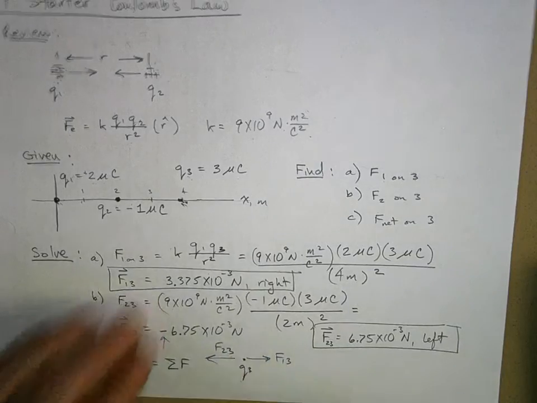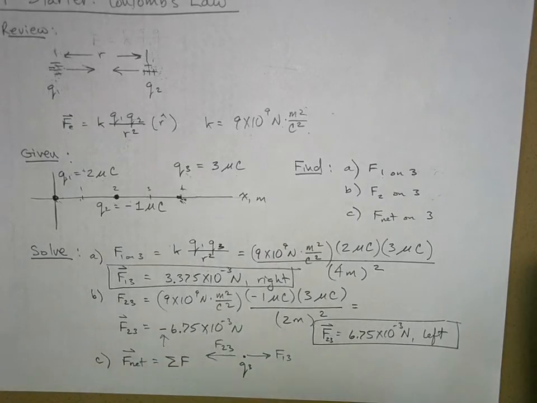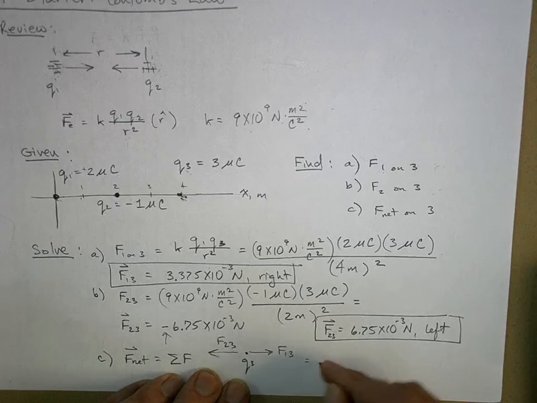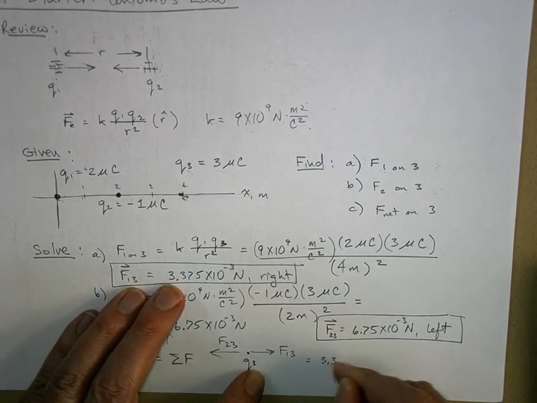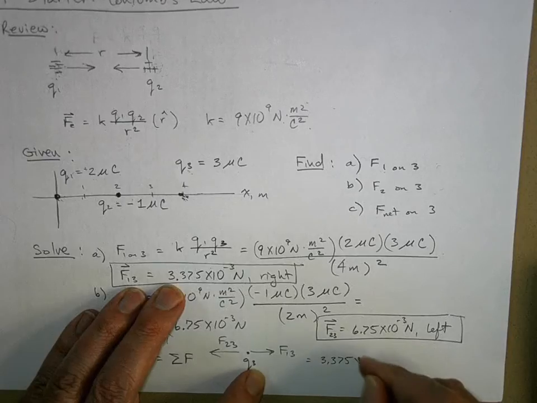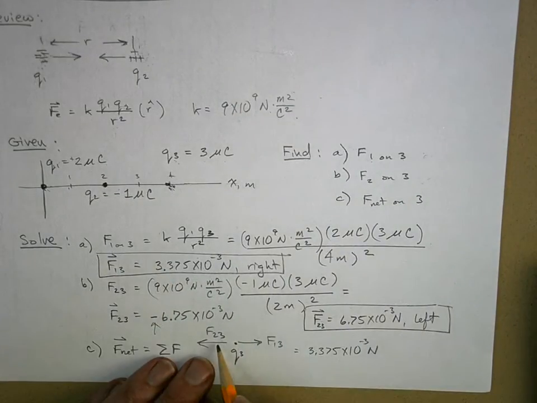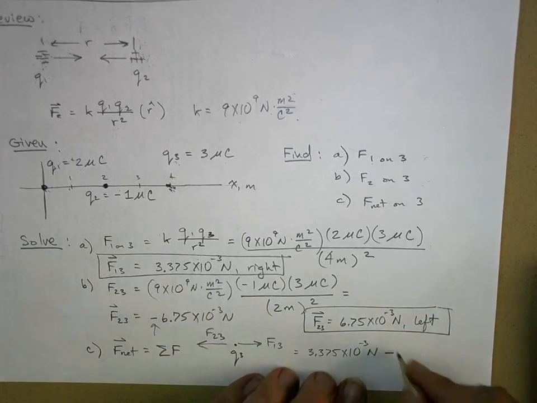Notice, do you see that they're in opposite directions? So when I add them together, I have to keep that in mind. F1 on 3 is 3.375 times 10 to the negative 3 newtons. But look at F2 on 3. It's to the left. So what am I going to do? I'm going to subtract it.